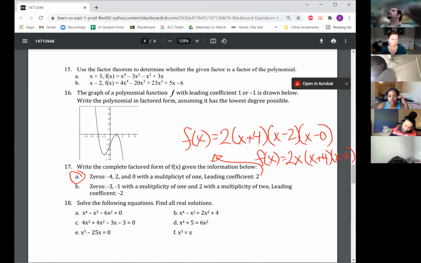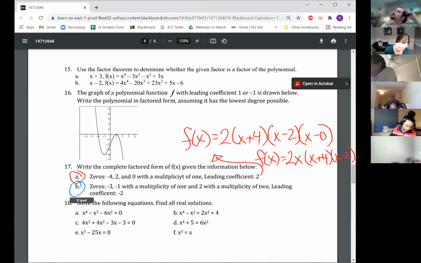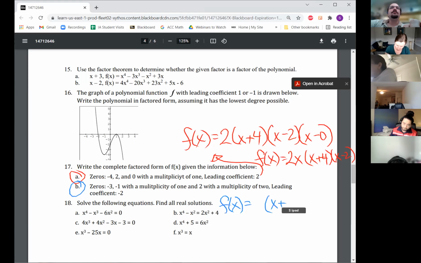Okay. Anyone want to take a stab at B? Here on B we have 0, -3, and -1. The factors are going to be x plus 3, x plus 1. It says 2 has a multiplicity of 2.